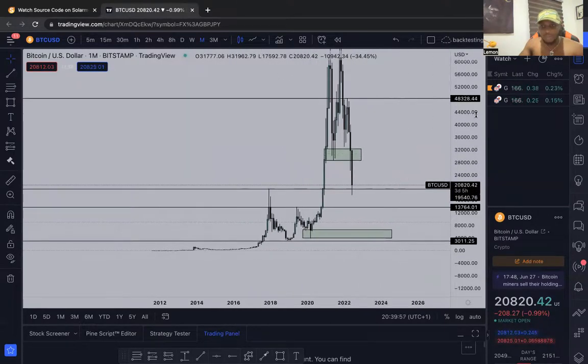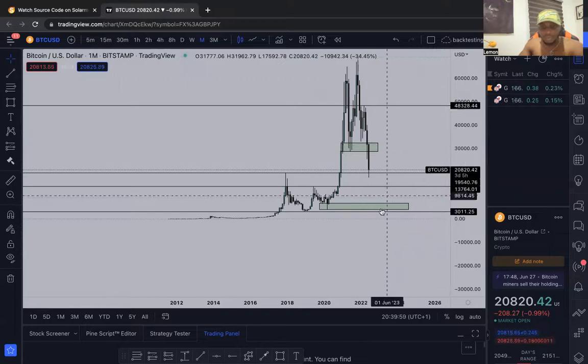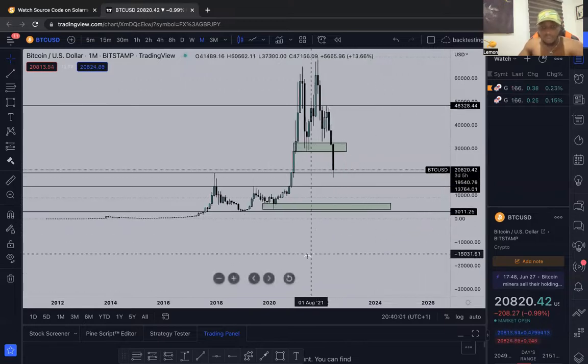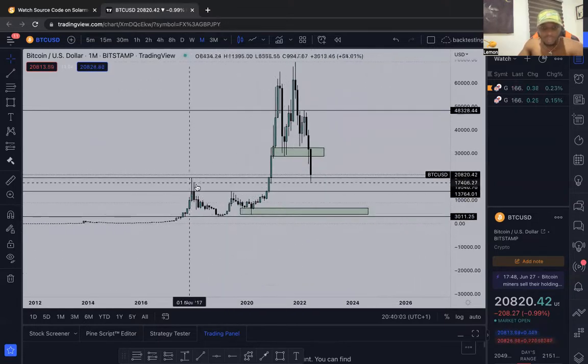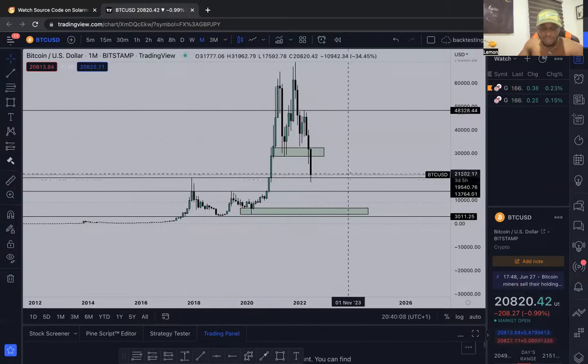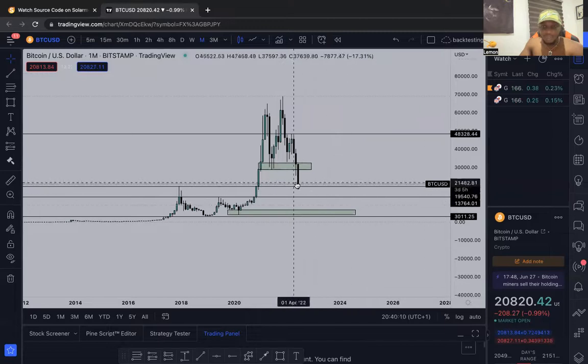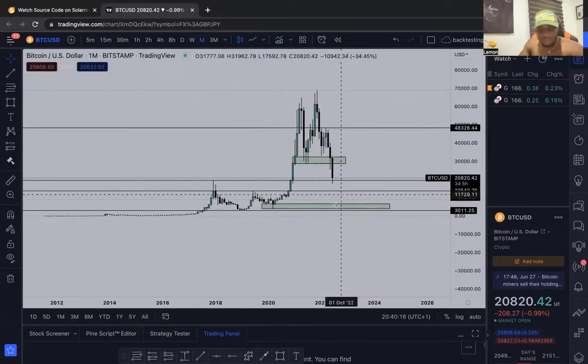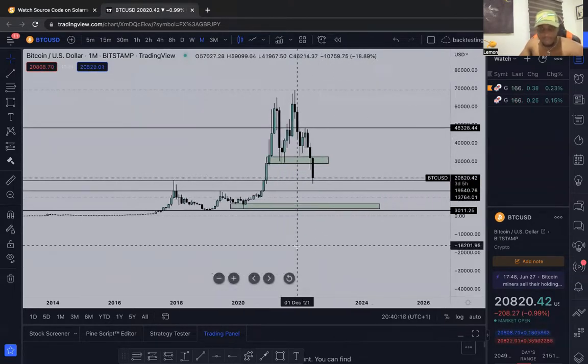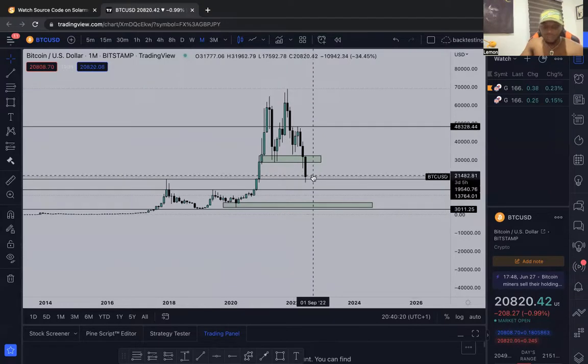If you don't understand support and resistance, you just need to go back and learn. So it's either we find support at this zone and start going up, or we break this zone. But on my long-term bias, I see we just have to break this zone.